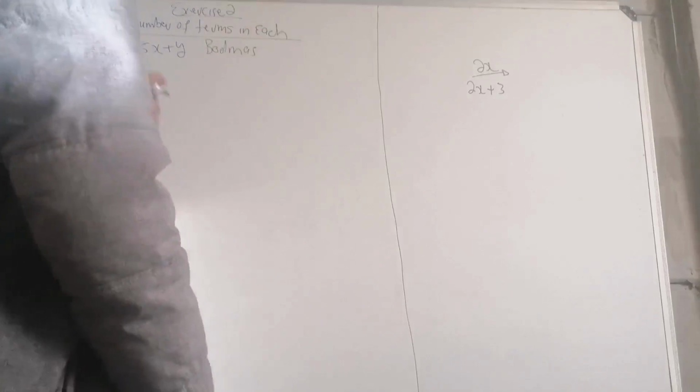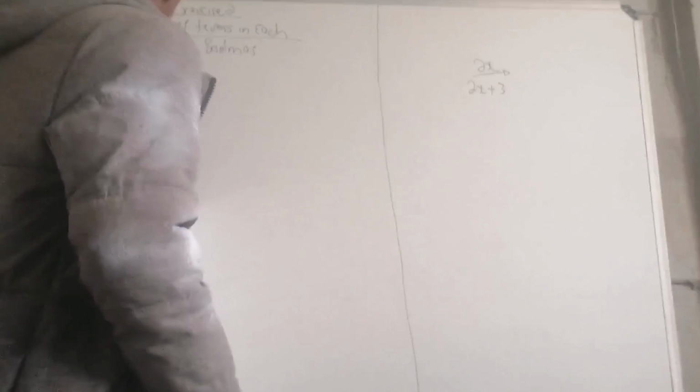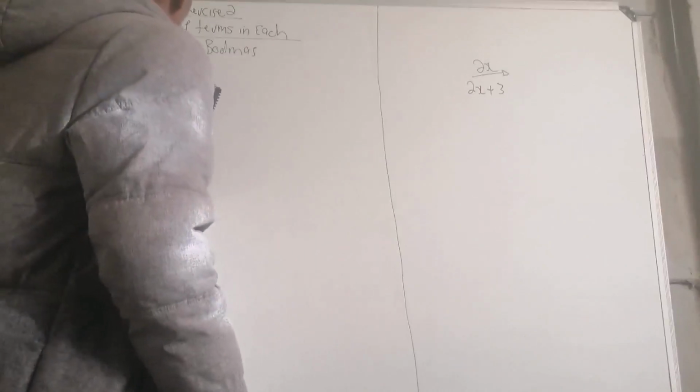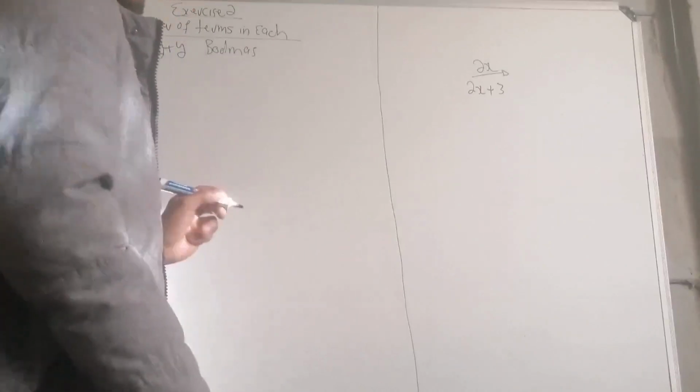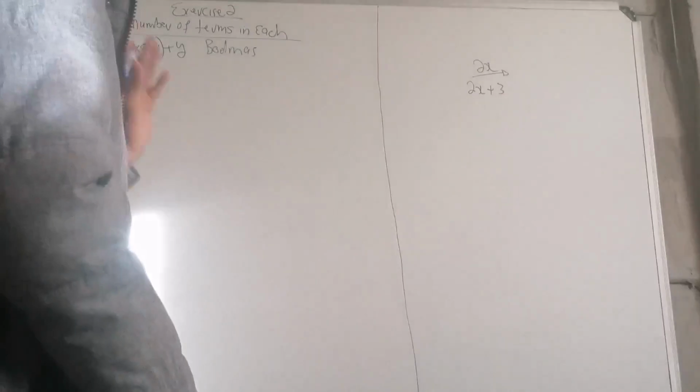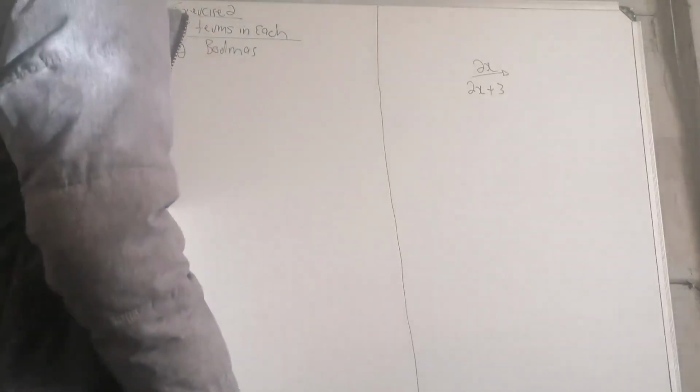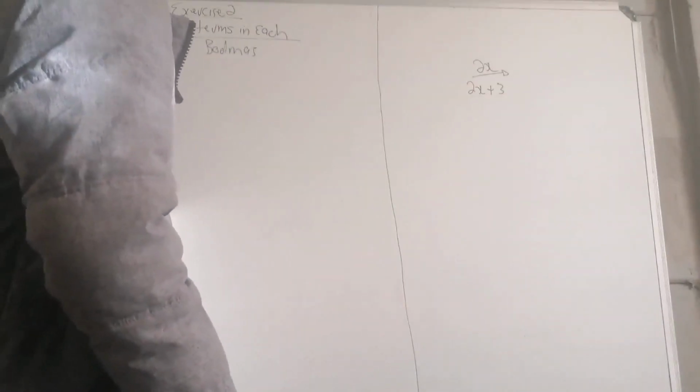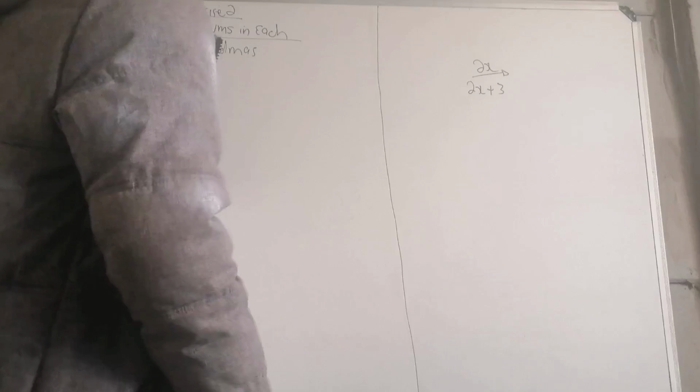Now you need to identify, where am I having this multiplication? 3 is being multiplied by 5x. So you need to multiply these ones first. Those are the ones that you must multiply because the 3 is being multiplied by 5x. So you will leave this as 2x.